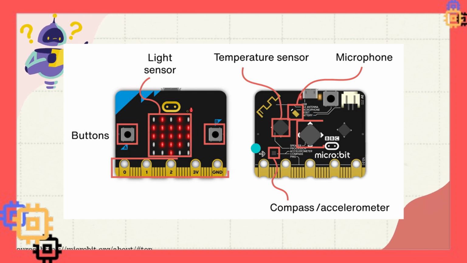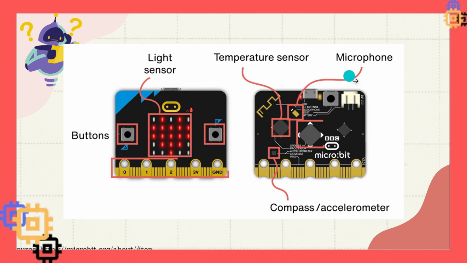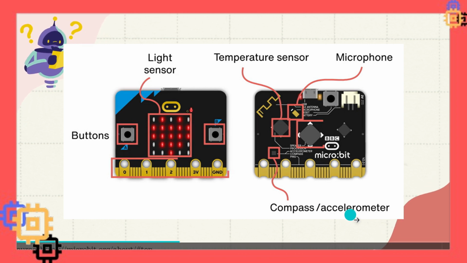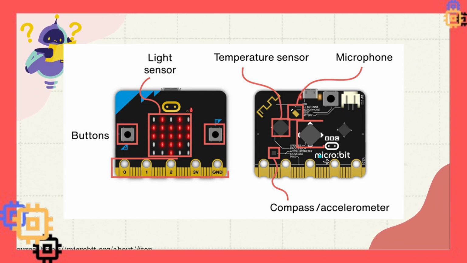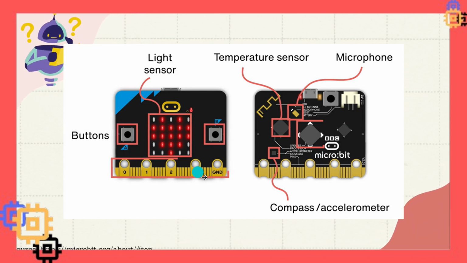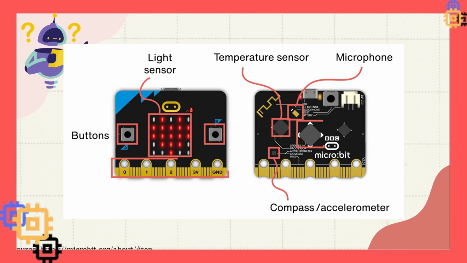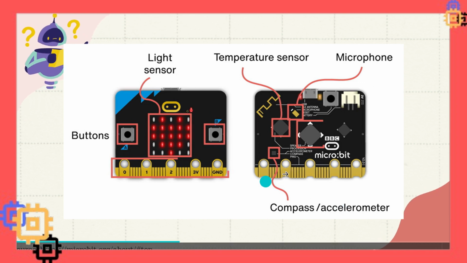On the back side you can see the temperature sensor and also the compass or accelerometer. That's why this really helps interdisciplinary fields, because there are a lot of components. For example, you can ask your students to measure the temperature, the level, or of course the magnetic field.